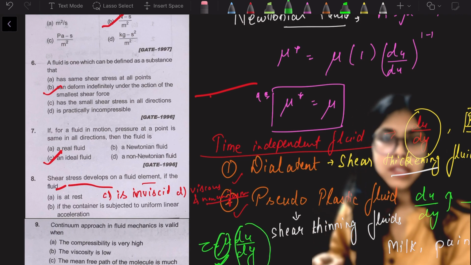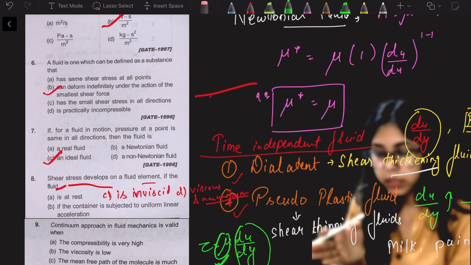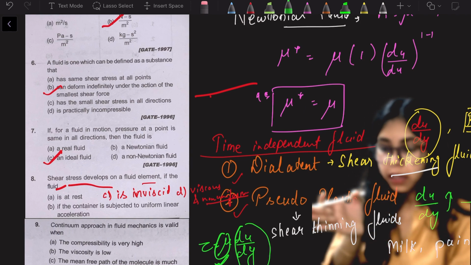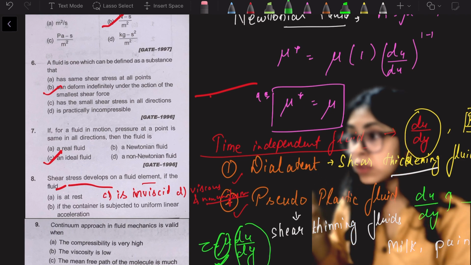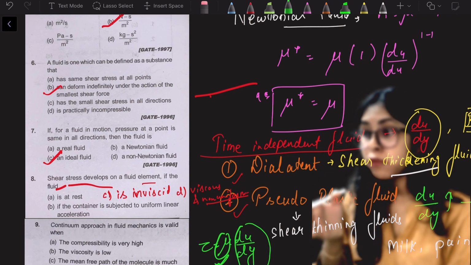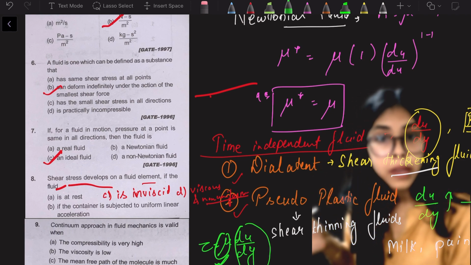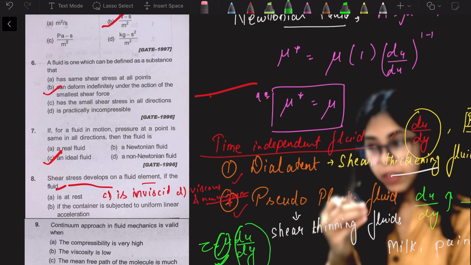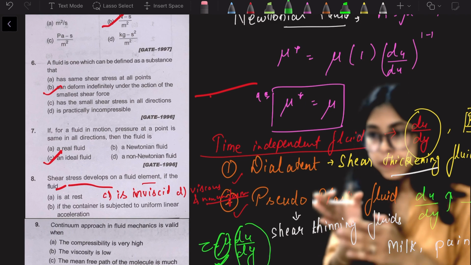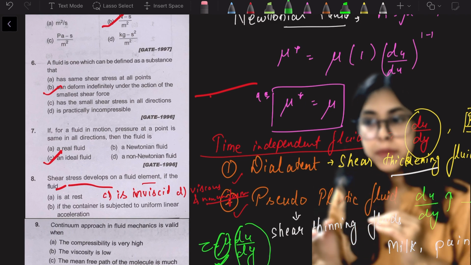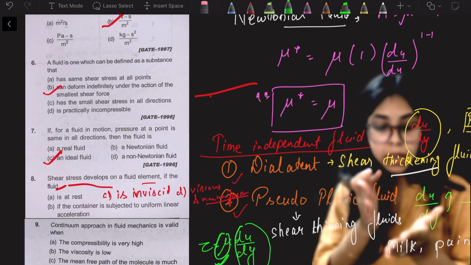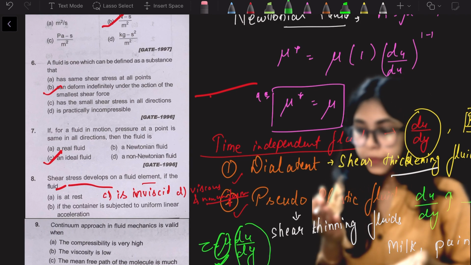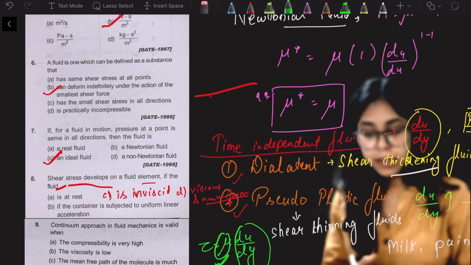And what is velocity gradient? Change in velocity with respect to space, and change in flow parameters with respect to space is known as non-uniform flow. If there are no changes with respect to space in flow parameters, that means velocity, acceleration, pressure, right?